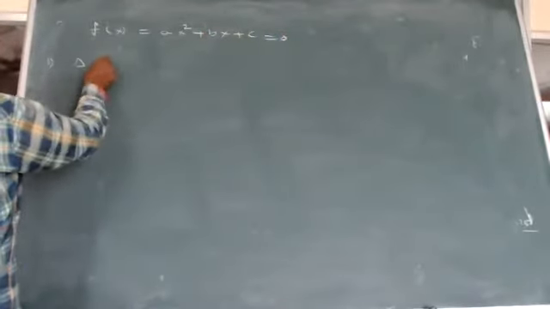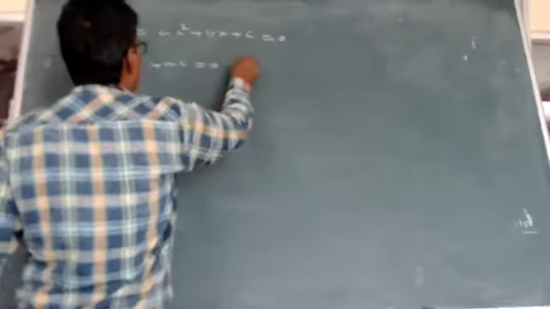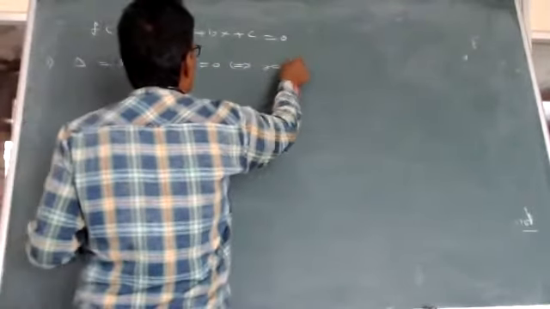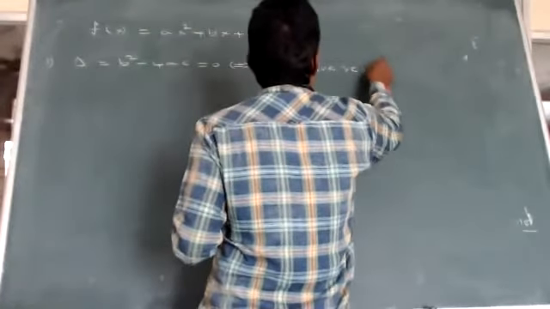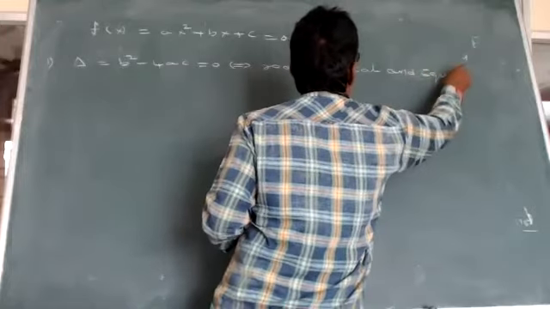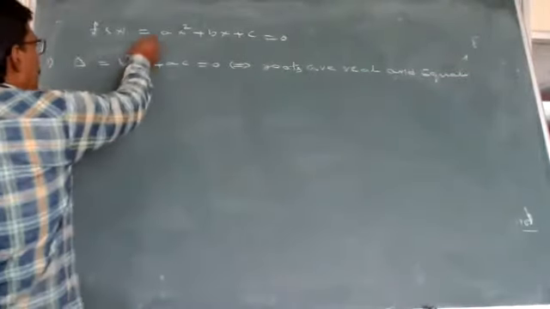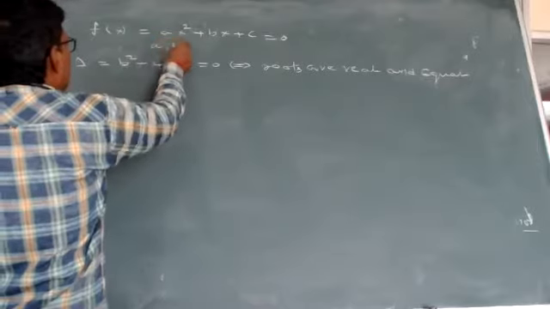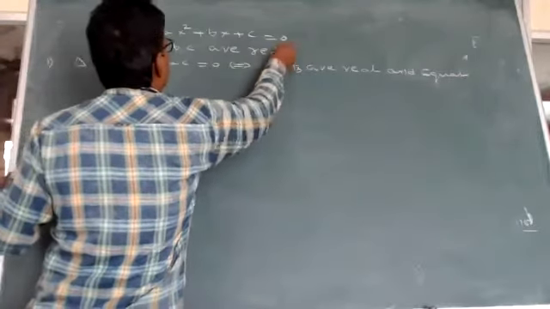Number 1, delta b square minus 4ac equal to 0, the roots are real and equal. Here a, b, c are real numbers.